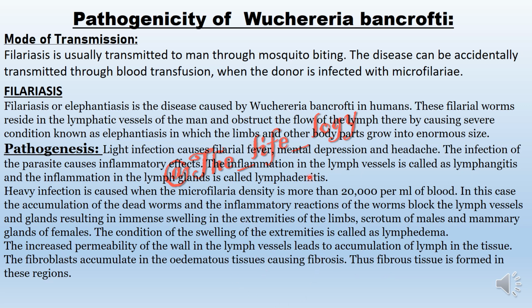So here, when heavy infection occurs, at around 20,000 per milliliter of blood, the lymph vessels are blocked because the number is very large, right? And the swelling of the infected area also occurs, right?